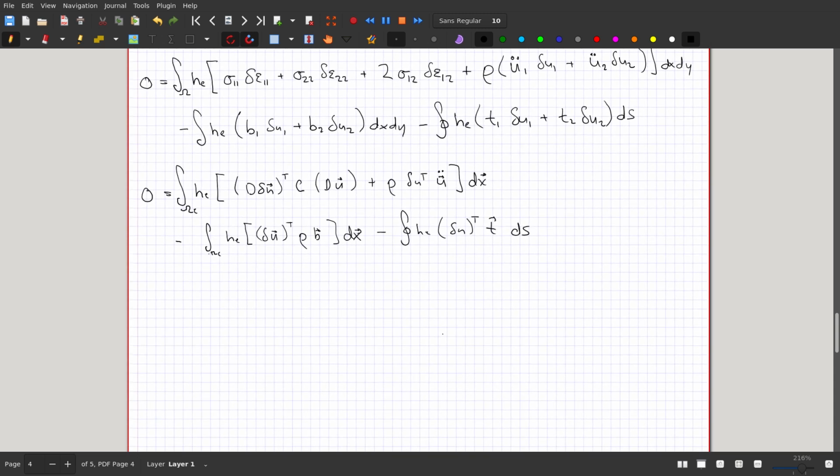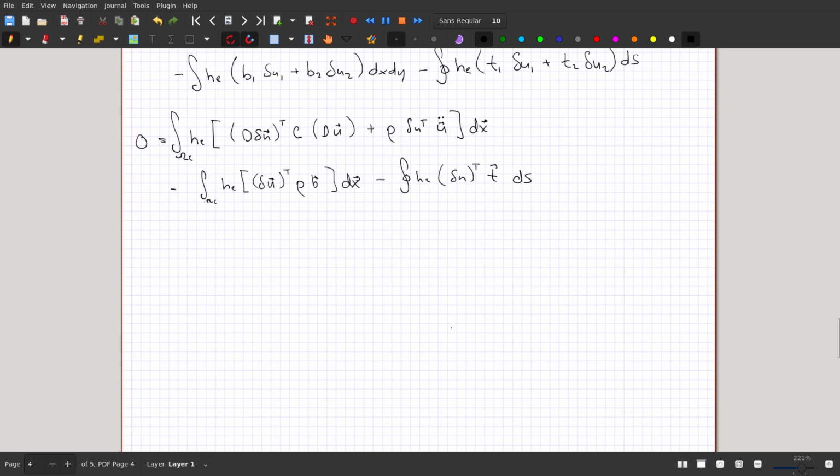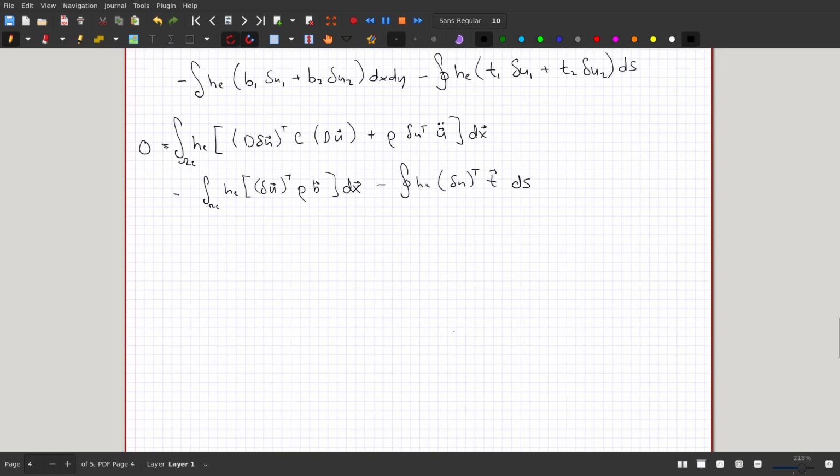Okay. So again, just give me 2 minutes here just to finish this. So now this is the weak form. So then we'll use the Galerkin approximation. So we're going to assume that u is N times Uj, and then delta u is N, right? And we're just going to plug those in.